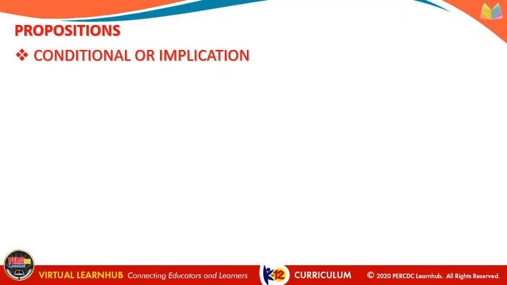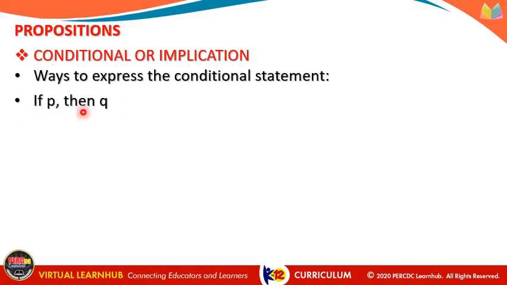Now, aside from the format if P then Q, there are other ways to express a conditional statement. So again, this is the commonly used arrangement. Aside from this, you can also have these. Again, for these examples, P is the antecedent, Q is the consequent.